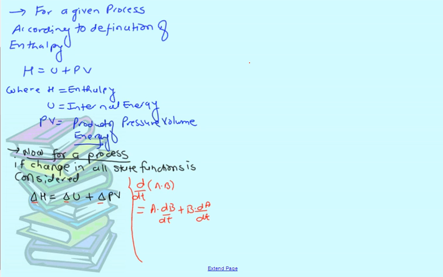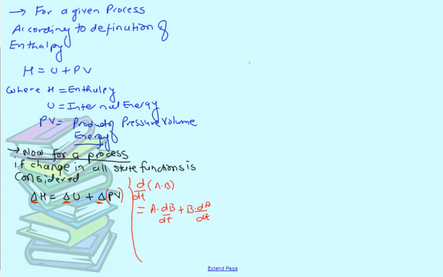Actually, differentiation and change are the same. When we talk about differentiation with respect to time, quantity A or quantity B is changing. And here delta also talks about the same. As the process continues, the changes in enthalpy, internal energy, pressure and volume are the same. So when we talk about delta PV, we use the same principle.